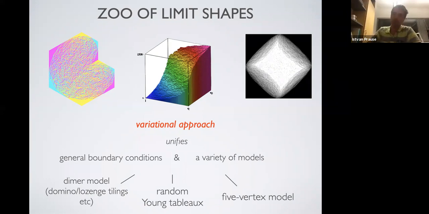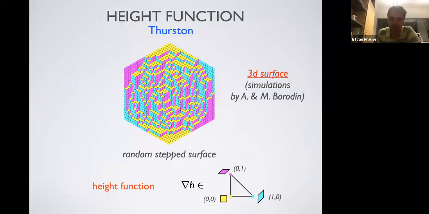Okay, so how to view this, or what is this variational approach? The first thing is to introduce a height function, which in the case of this lozenge tiling model is very geometric, exactly these cubes that I talked about of the melting crystal corner. So instead of a tiling picture, you can view this as a three-dimensional step surface if you imagine this as cubes. Technically, it will often be more convenient to normalize the gradients to the three discrete gradients.